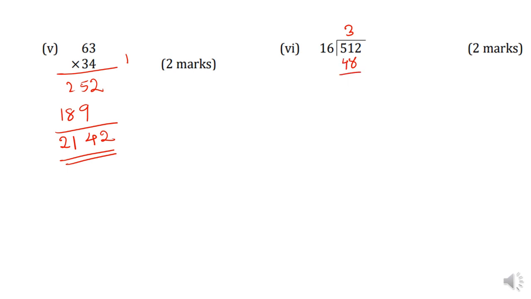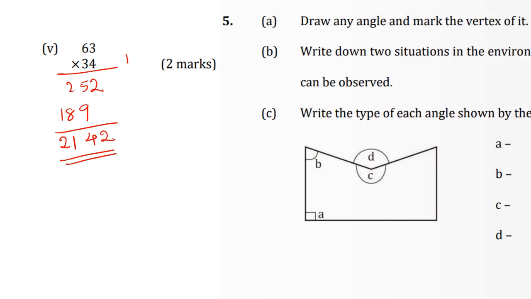And then when you subtract, it is going to be 3. And you take this 2, and this is 32. For 32, there are 2 16s. 2 into 16 is again 32, and the remainder is 0. So if you do this kind of long division, this is so easy, and the answers are right, and you will get the full marks.